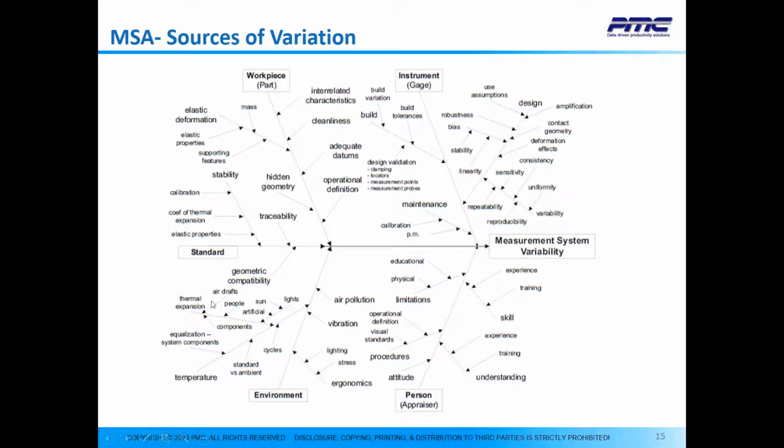Again, we're going to talk about the common mistakes with measurement system analysis later on, and one of those common mistakes is that the measurements should be conducted in the real manufacturing environment. But when we do the MSAs, and I haven't heard from anybody that they're actually doing it in the manufacturing environment, they tend to be conducted in the lab environment. So the environment is not necessarily the same at that point.